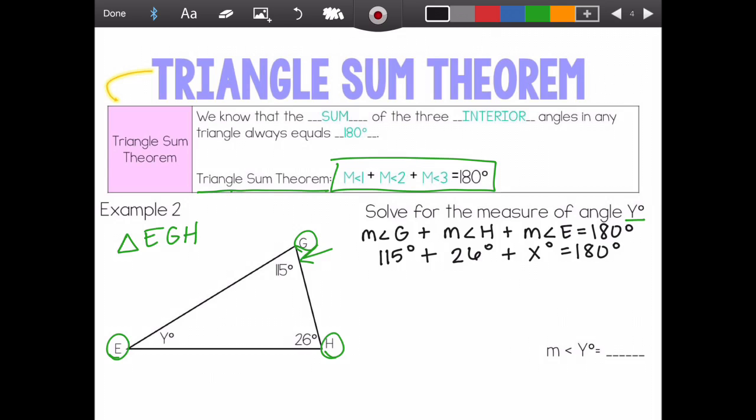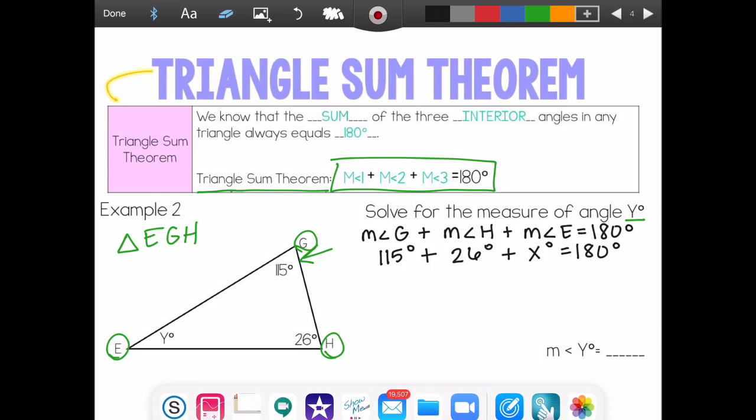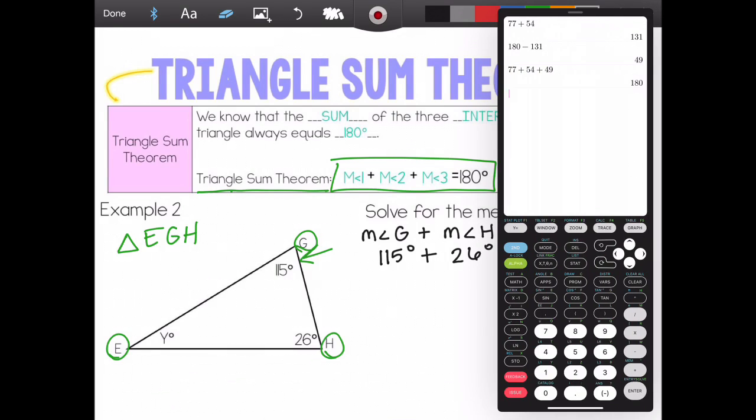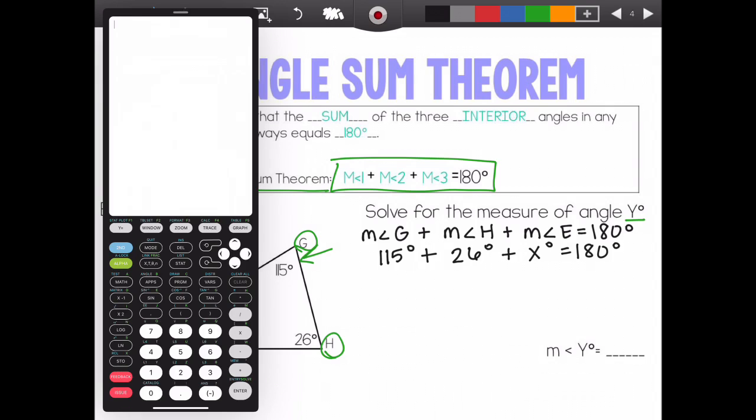I'm going to combine 115 and 26, and I'm going to use a calculator. 115 plus 26 gives 144, and everything else in my equation stays the same.